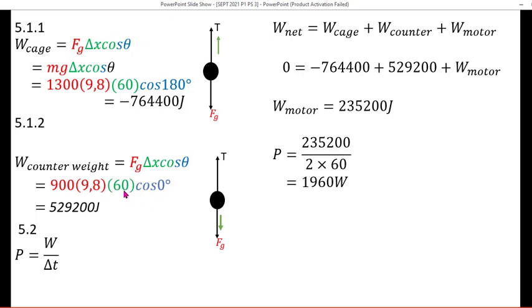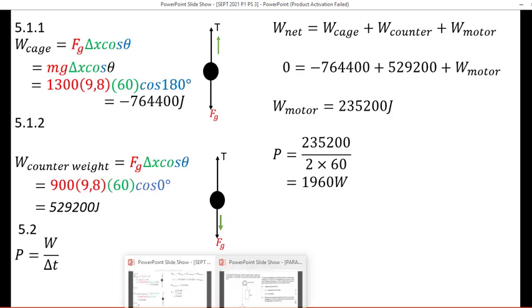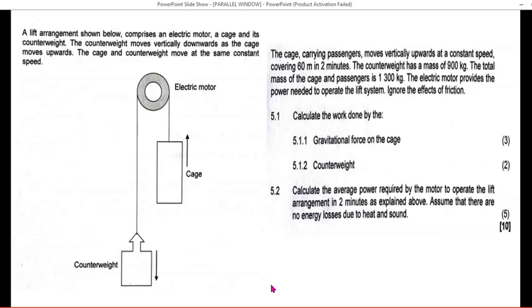So this one is also 60 times cos 0, because the displacement, that's the green, and the gravitational force are in the same direction. And then when we evaluate that with our calculators, we get 529,200 joules.